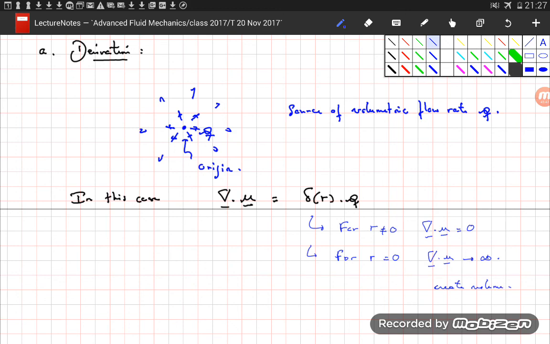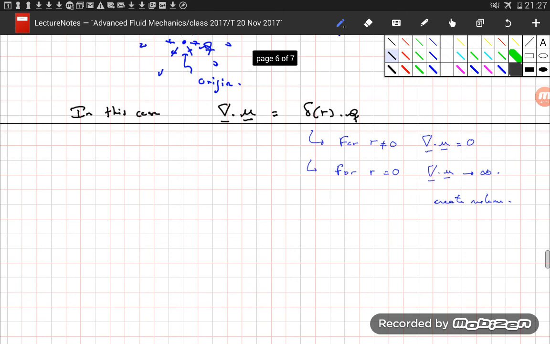I see that it's been 45 minutes now, so let me just finish writing our equation. In terms of the potential, which is what we were looking for, we have the Laplacian of the potential equal to Q, the value of the source, times a delta function.